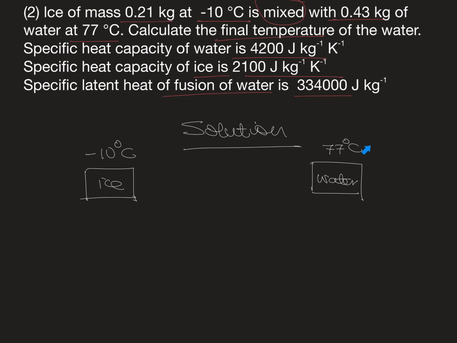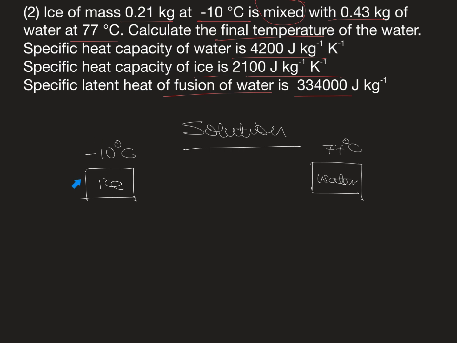The substance that is having a higher temperature is going to transfer heat to the substance with the lower temperature. So that is always how heat is transferred. So meaning that this 77 degrees Celsius water is going to lose heat and thereby is going to have a decrease in temperature to have a lower temperature than its initial temperature.